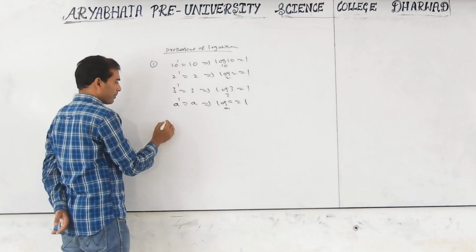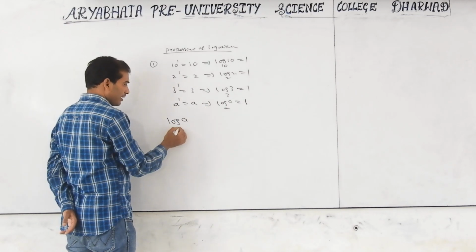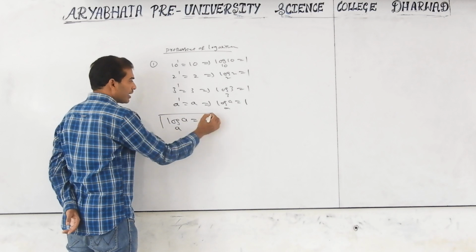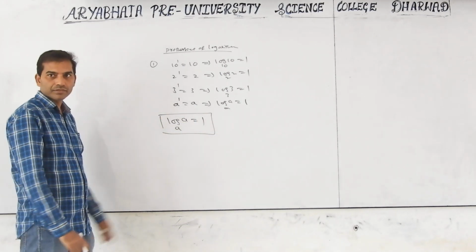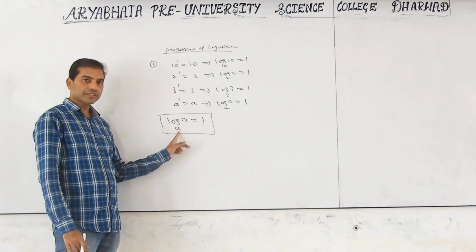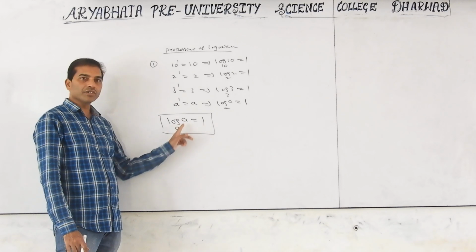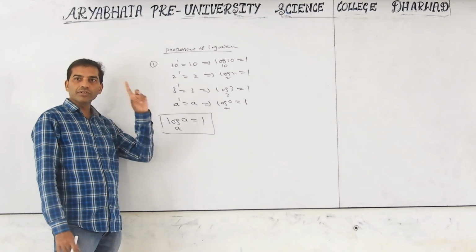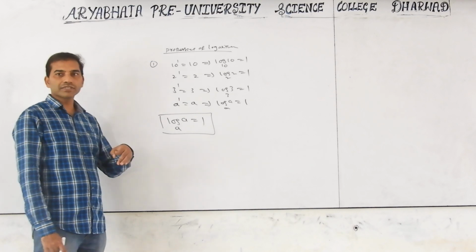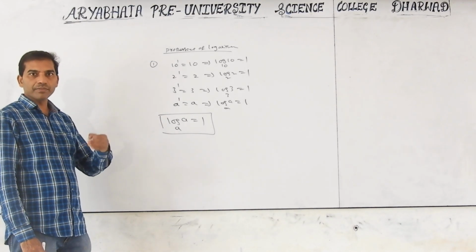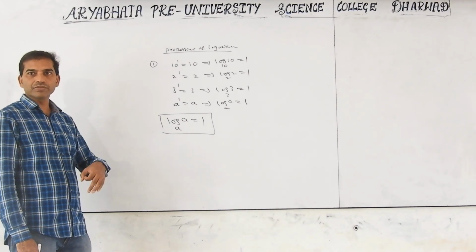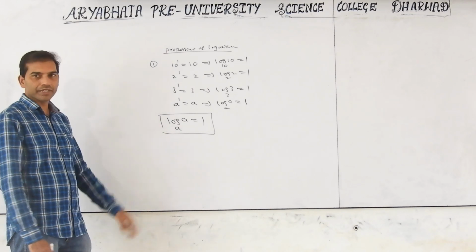This is the first property, log a base a equal to 1. If the base and the number are both equal, then log a base a equal to 1. Log 10 base 10, 1. Log 3 base 3, 1. Log 4 base 4, 1. This is the first property.